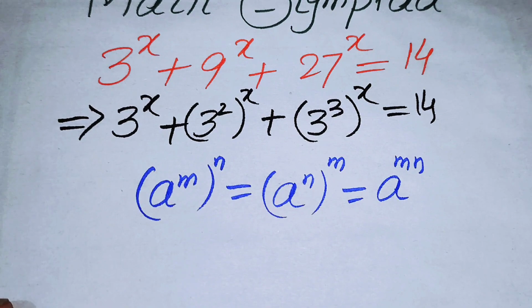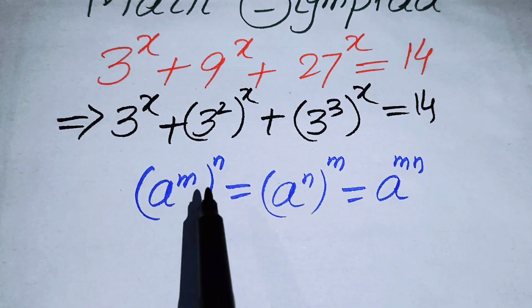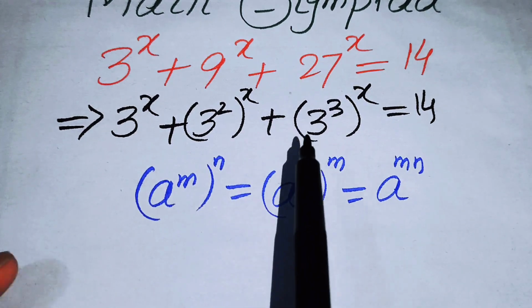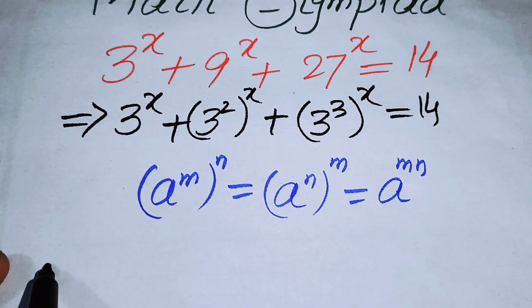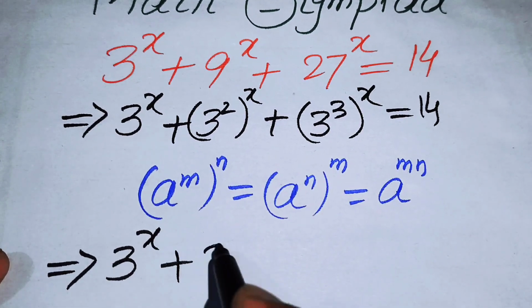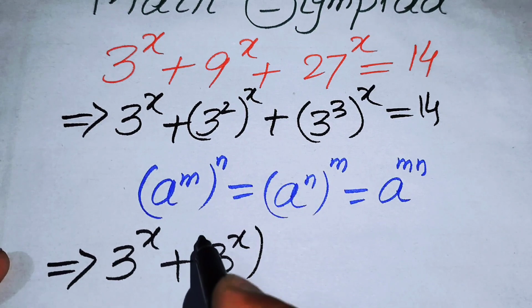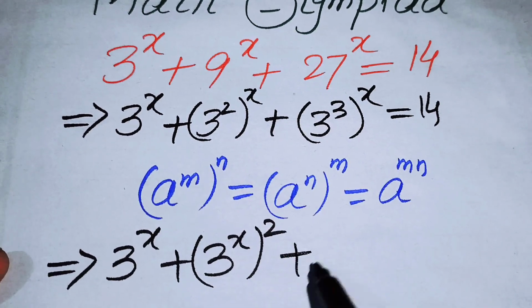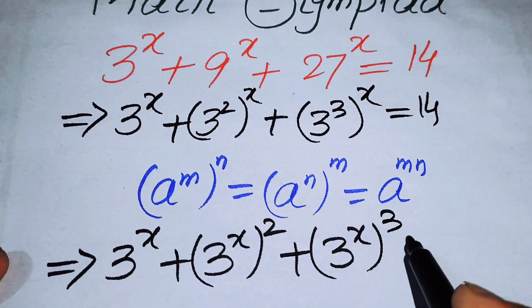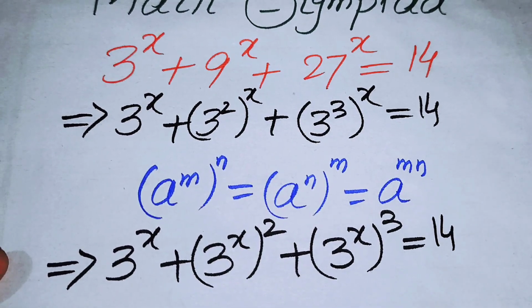So now I can use this exponent law, and here I can just interchange the exponents of these two terms so that we get the output in the form of 3 to the power of x plus 3 to the power of x squared plus 3 to the power of x cubed is equal to 14.